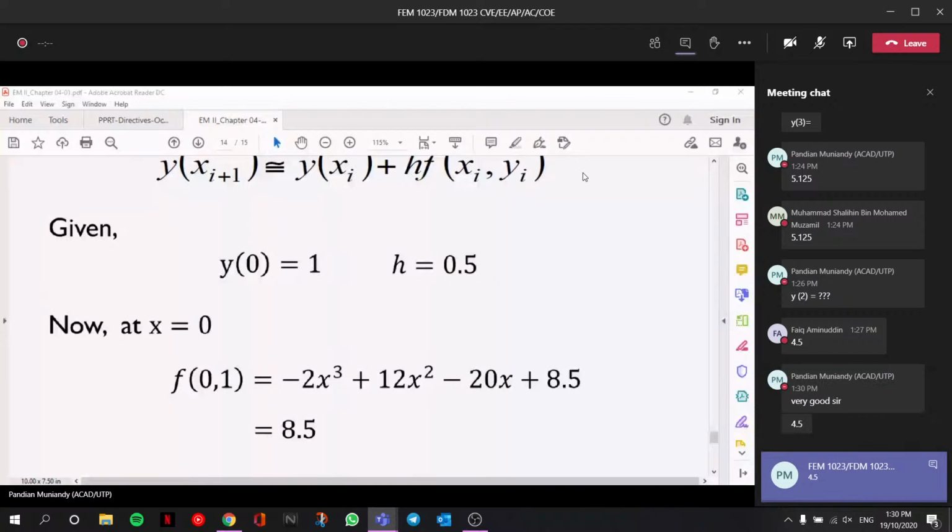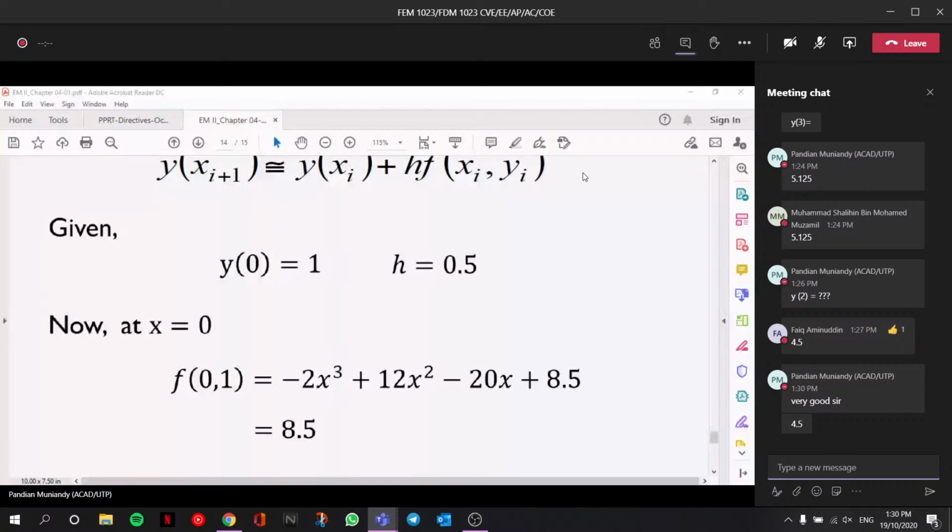So y2 is 4.5. So you can make a table now. First 2 columns, first row X, Y, second row 0, 1, third row 0.5, 5.25, fourth row X1, Y 5.875, fifth row 1.5, 5.125, sixth row X2, Y 4.5.